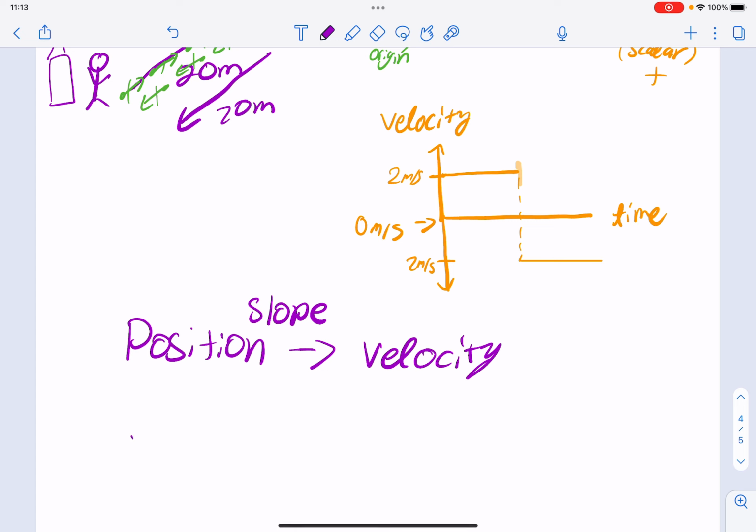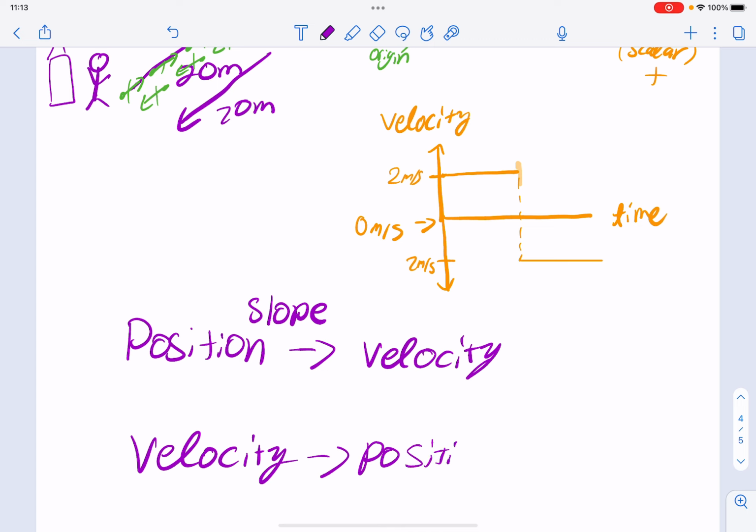Now, from velocity to position, if you ever remember from geometry, the opposite of a slope is actually the area under the curve.